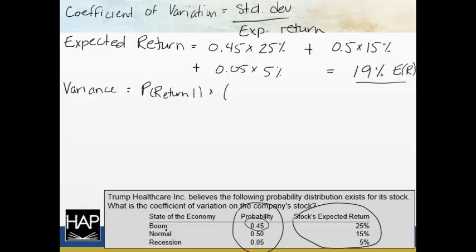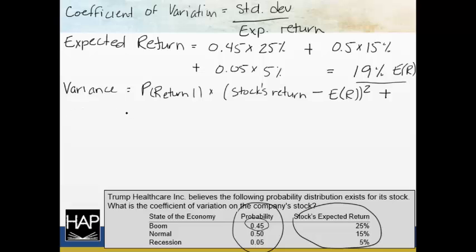If we're looking at the boom, for example, we take the probability of a boom happening multiplied by the stock's return in that boom, and then we subtract the overall expected return, which we calculated above, and then we square that. And then we add that for the probability of return 2 and so on. This is the general formula for everything that we're going to add together.